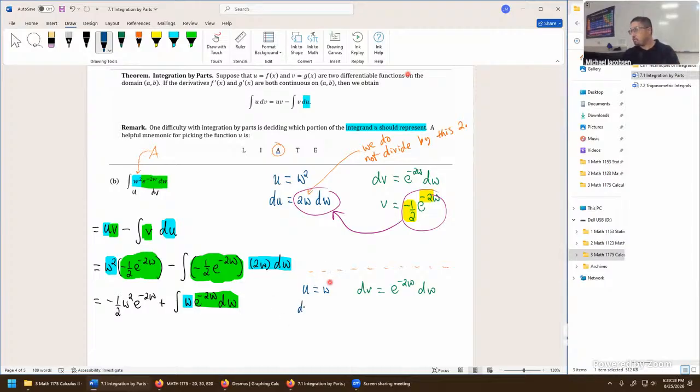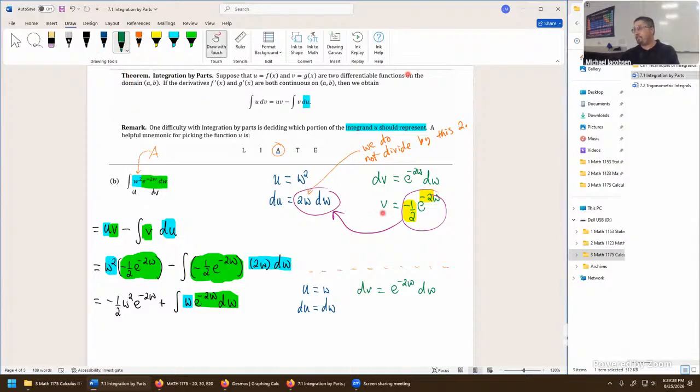The differential, you can call it du equals 1 for the derivative of w times dw, or it's often just simplified like this. 1 times dw algebraically is just dw. dw obeys the same kind of rules as algebra, so we can just simplify it if you prefer.